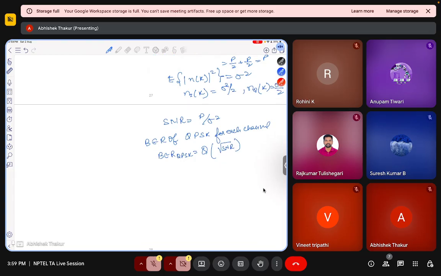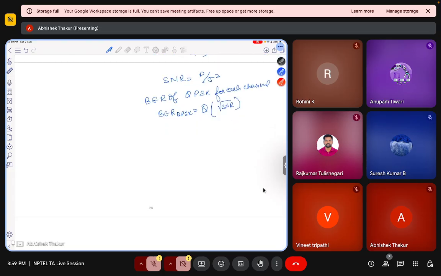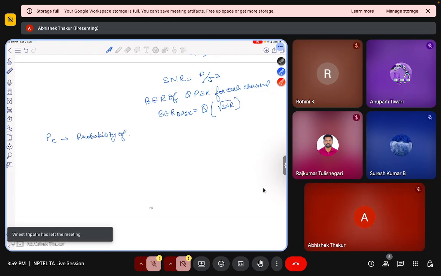Here we will see it first. Now the probability of error is defined as the probability of error of each bit. First we will find it in the reverse way.